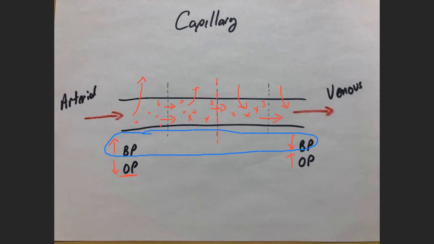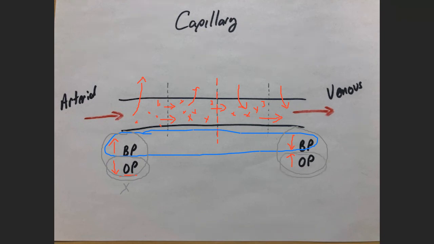When we look at the arrows next to the osmotic pressure, they're meant to compare directly to the blood pressure at the same site. So at this point, the osmotic pressure is low, the blood pressure is high. But at this point, the osmotic pressure is higher than the blood pressure. And we know this is true, and comparing it any other way doesn't make sense, because the osmotic pressure here and the osmotic pressure here should be the same.